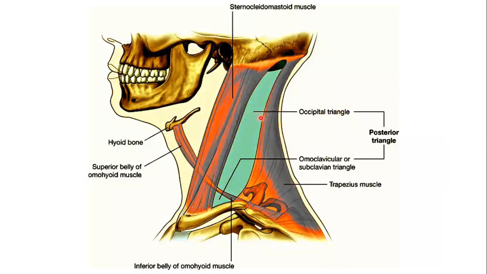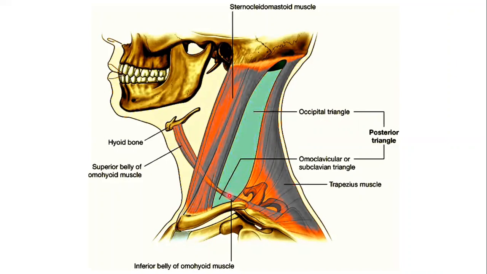Why is it called the occipital triangle? It is due to the presence of the occipital artery, which brings the name to the occipital triangle. The occipital triangle lies above the inferior belly of the omohyoid.